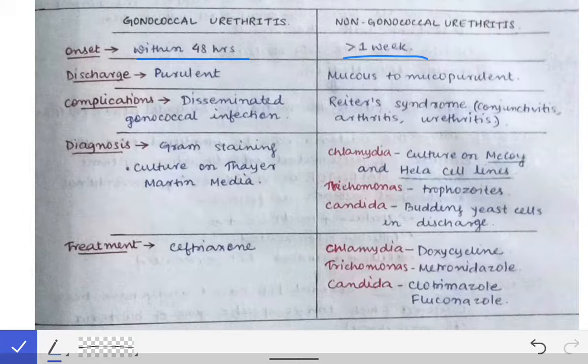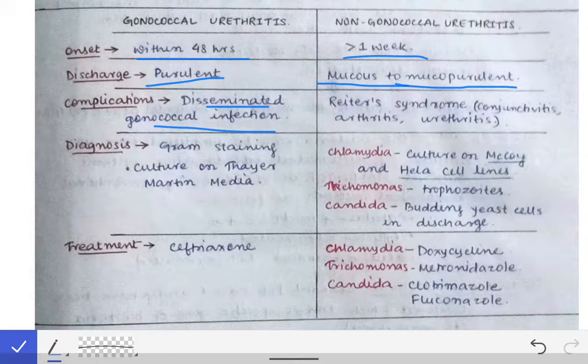Onset is more than 1 week. Now, if we talk about the discharge, in gonococcal urethritis the discharge is purulent, but in non-gonococcal urethritis it is mucus to mucopurulent. In complications, in gonococcal urethritis we see disseminated gonococcal infection, that means the gonococcal infection spreads by the bloodstream.